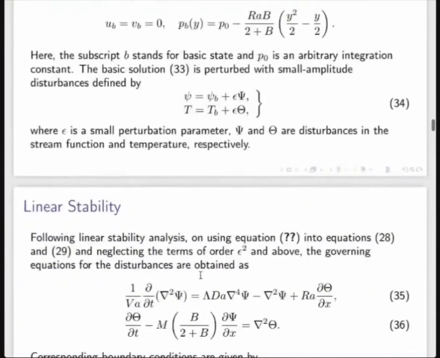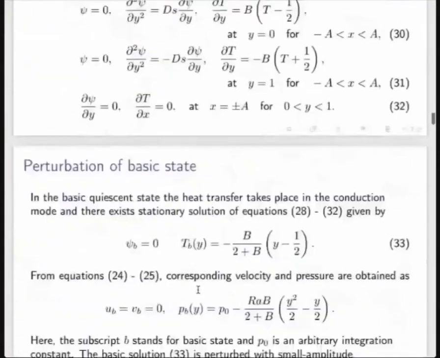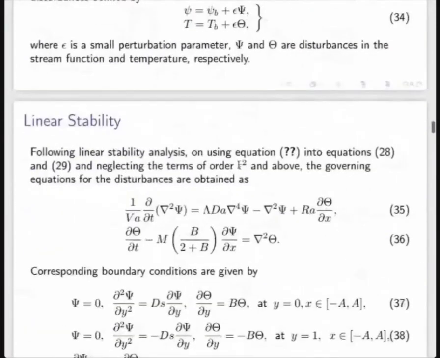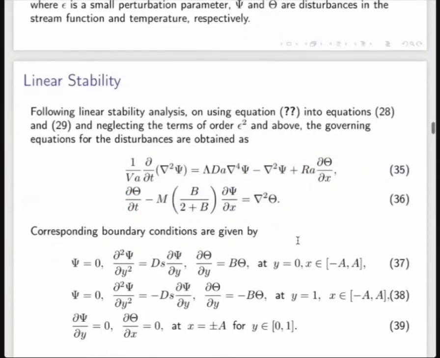And once you substitute equation 34 into equations 28 and 29 and drop the nonlinear terms in epsilon, you get a linear differential equation. So this is known as the linear stability analysis, and this linear stability analysis gives us information of when the convection sets in the system, based on the value of the Rayleigh number.